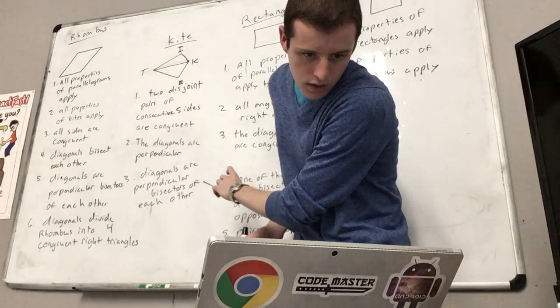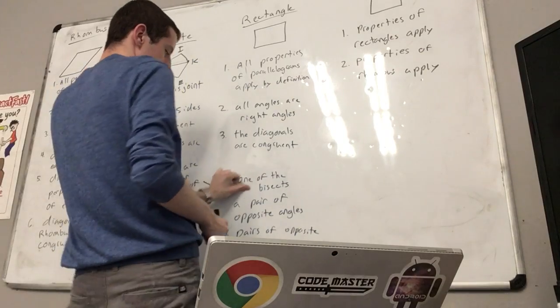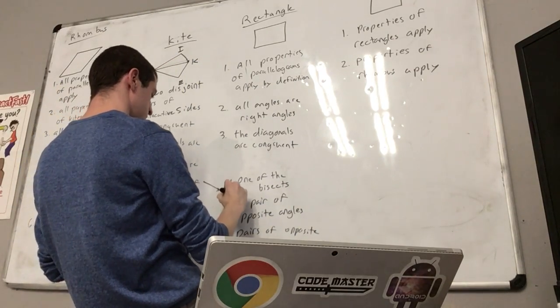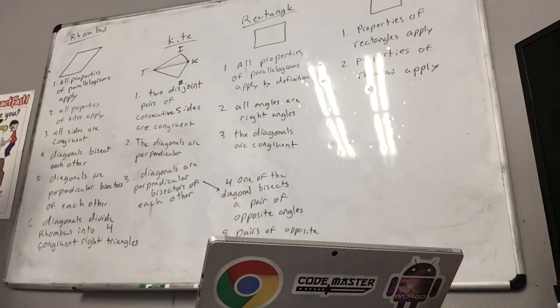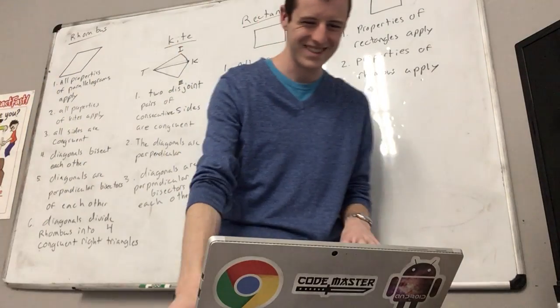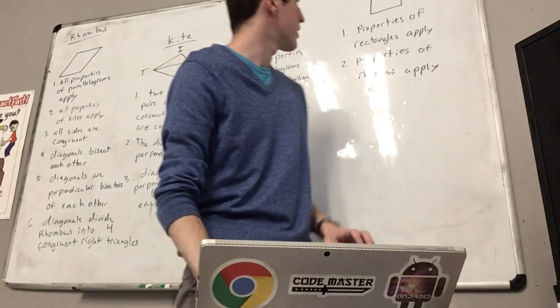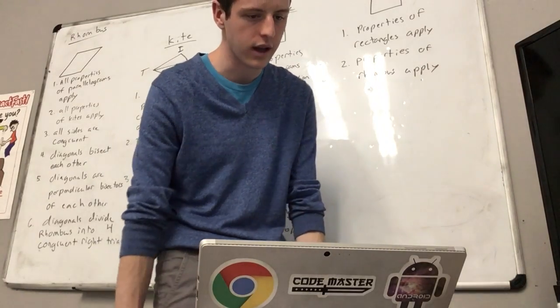I think you're right. That sounds kind of weird, an angle bisecting. Yeah, sorry, it's when the diagonal bisects a pair of opposite angles. Oh, I'm tired of writing.